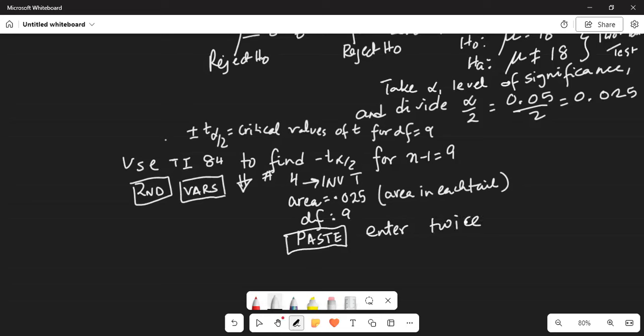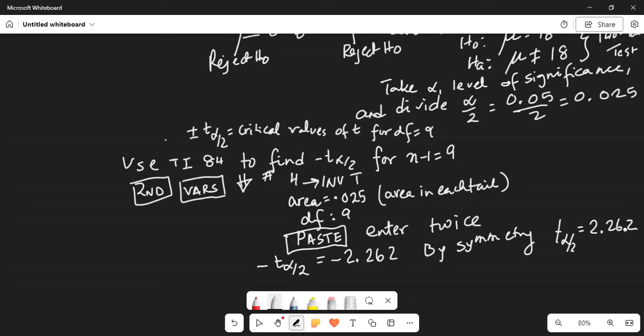While the cursor is on Paste, hit enter twice, and you will get the critical value minus T alpha by 2 as minus 2.262. By symmetry, T alpha by 2, which is on the right side, is the same value without the negative sign.